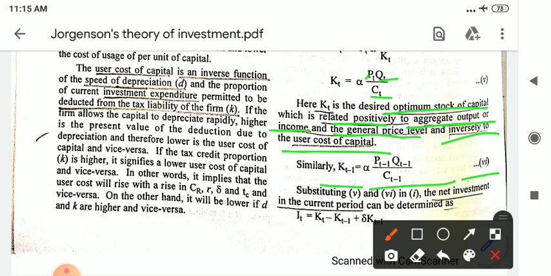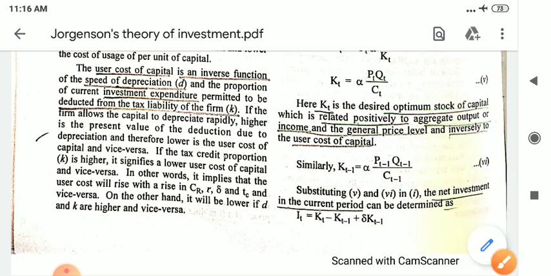Now we are substituting equation number 5 and equation number 6 in equation number 1. The net investment in the current period can be determined as follows. What was equation number 1?